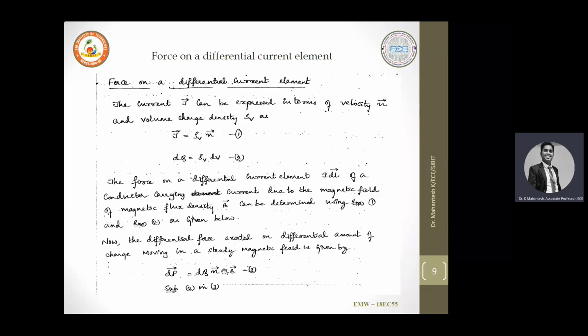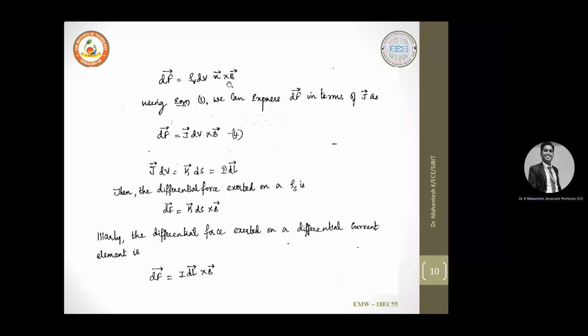Substituting equation 2 in equation 3, we obtain dF equals rho v dv, v cross B. But rho v times v is equal to J. Therefore, dF equals J dv cross B.